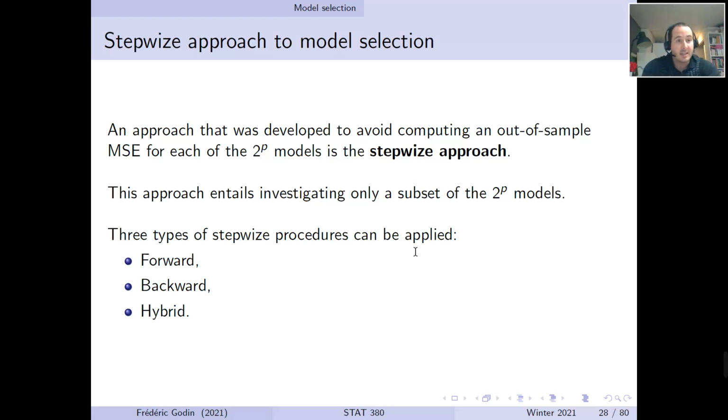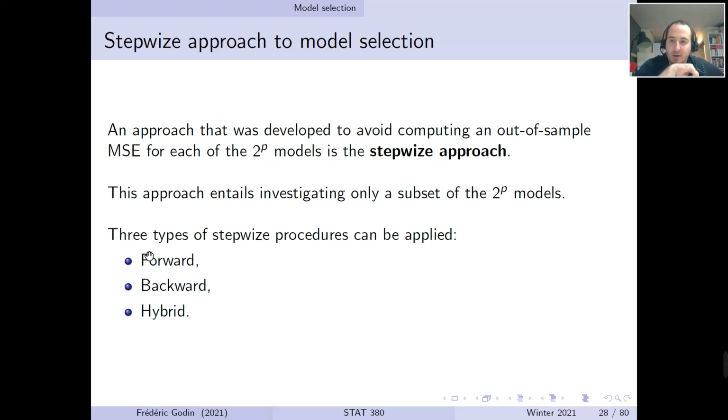The textbook, a very traditional statistics procedure, entails using a stepwise approach. Okay, so the textbook suggests to use that stepwise approach, which we will study subsequently. Okay, so there are three types of stepwise approaches: the forward approach, backward approach, and hybrid approach.